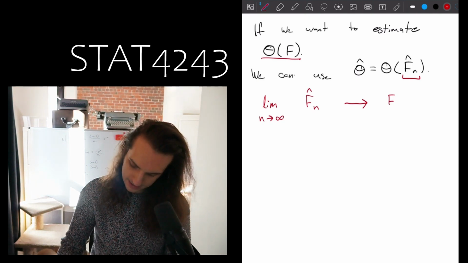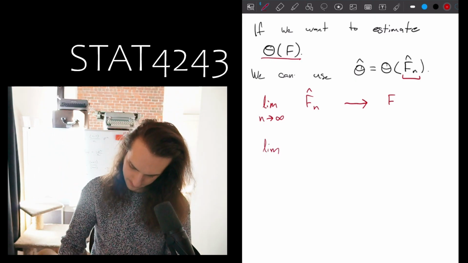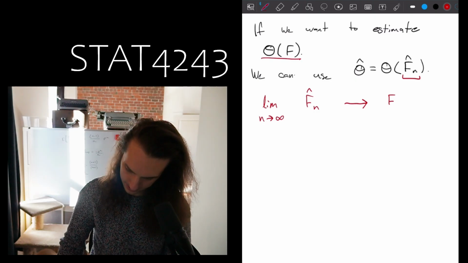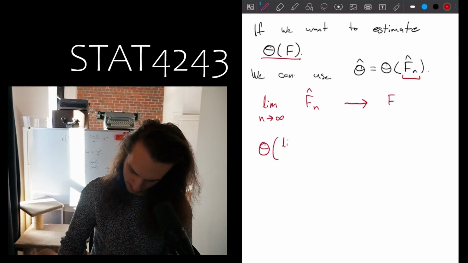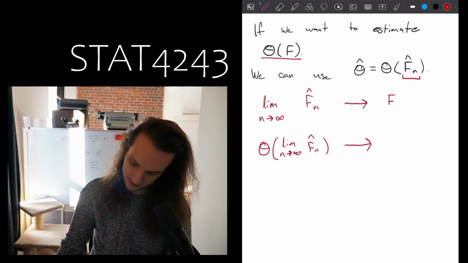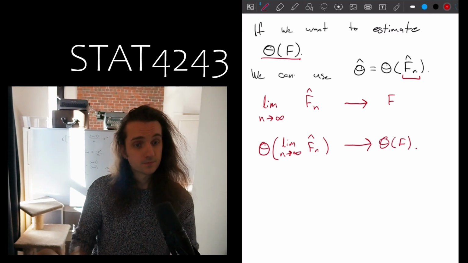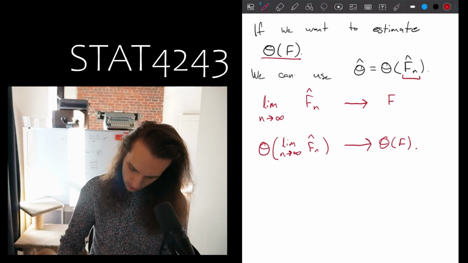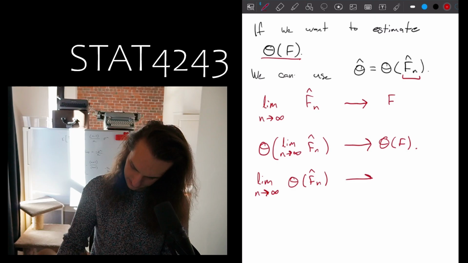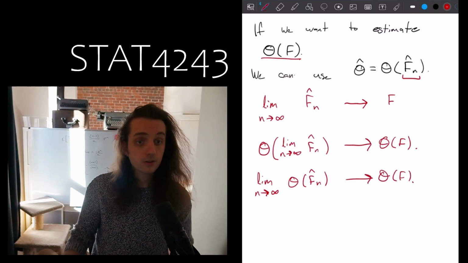And so if we apply a functional to both sides, then the limit as n goes to infinity of theta of f hat n should tend to be theta of f, right? And here, our hope is that if theta is a well-behaved functional, then maybe this will be valid to do, where we can pull through the limit.